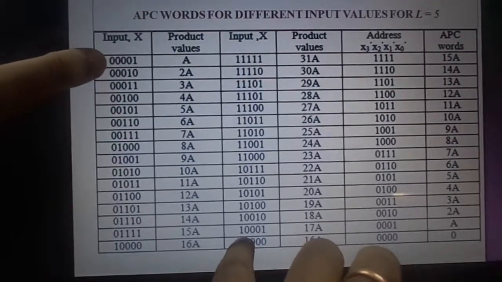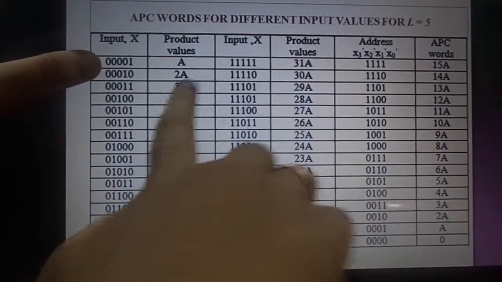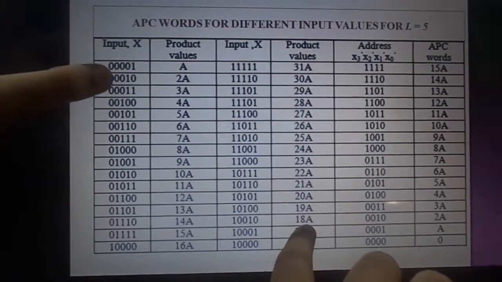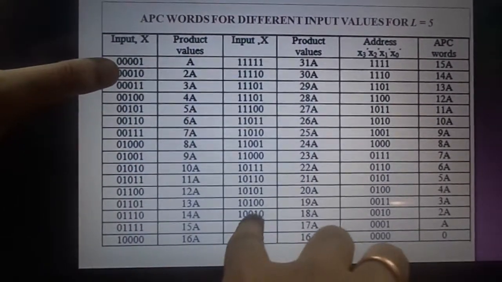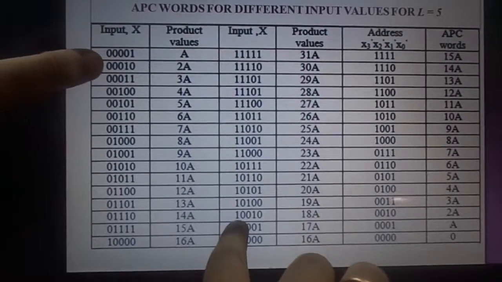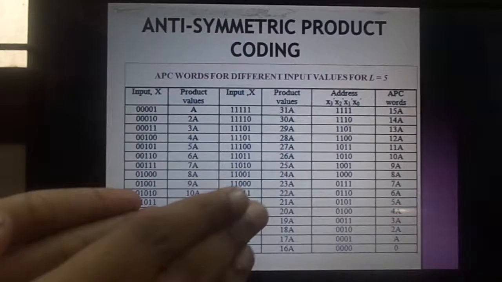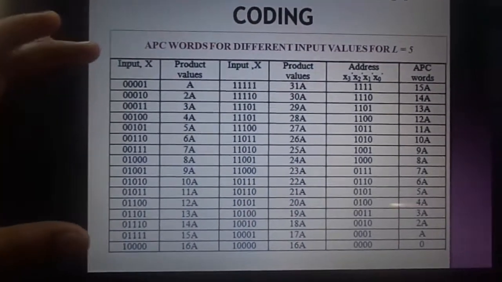Here we have 0 and here we have 1. Likewise, if you see 2A and 18A, we have 0010, 0010. Only the first bit, that is the MSB bit, is differing, 0 and 1. So instead of having 2 different tables, we can have one single table.